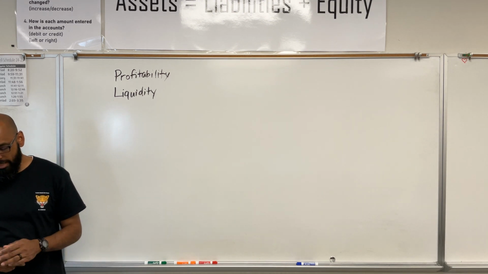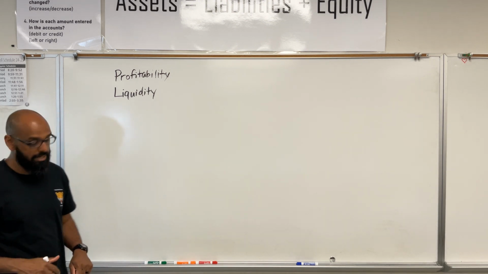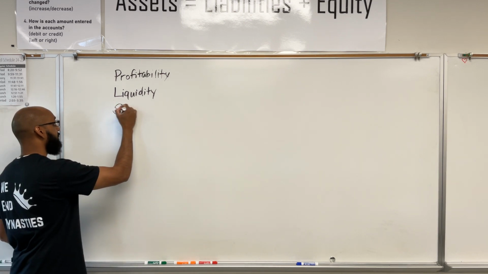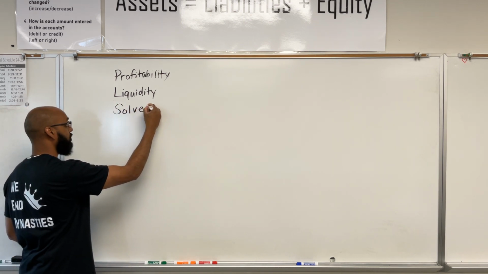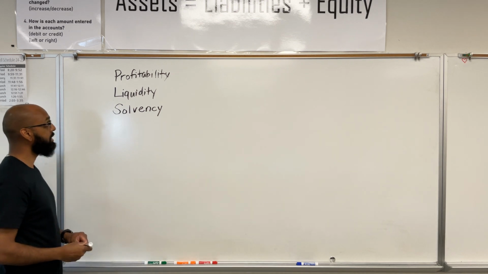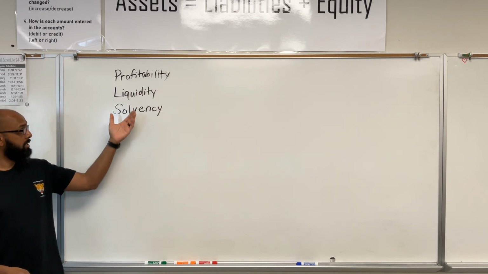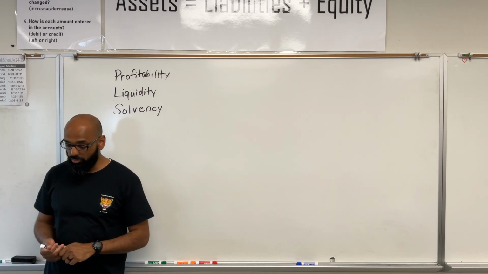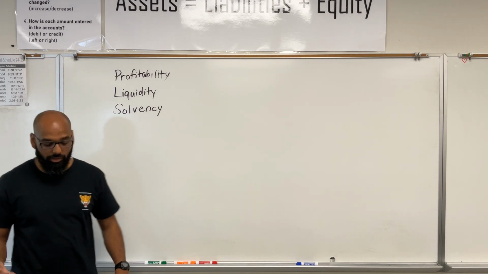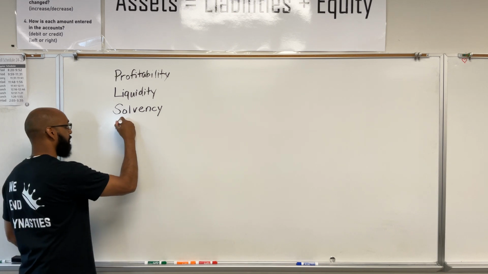All right, and then we have solvency. And solvency is our ability to pay our long-term debt, all right? So liquidity is our ability to pay our short-term debt. Solvency is our ability to pay our long-term debts. And then finally, we would look at market performance.